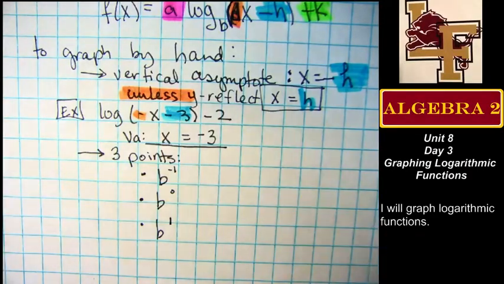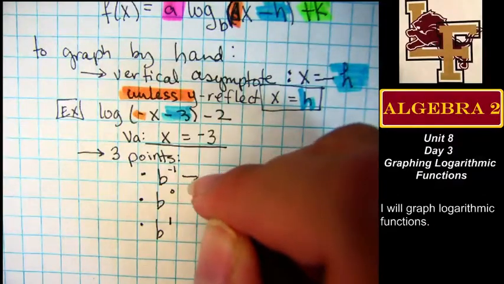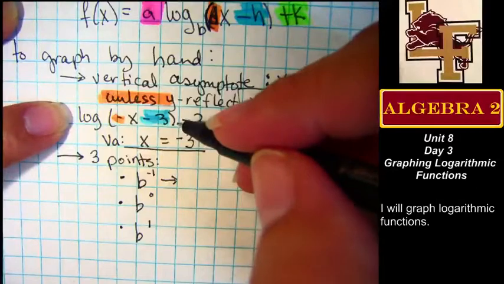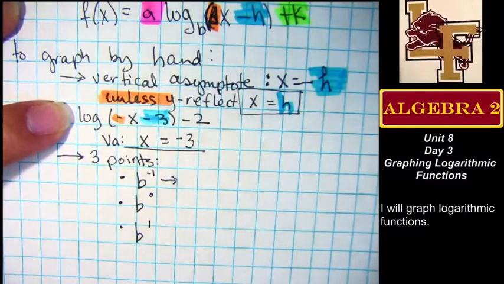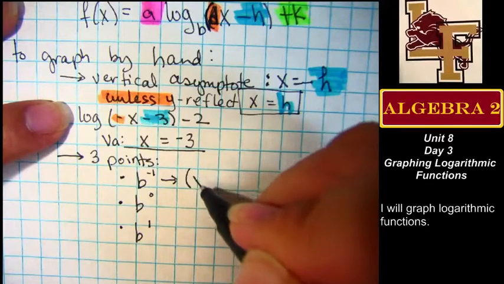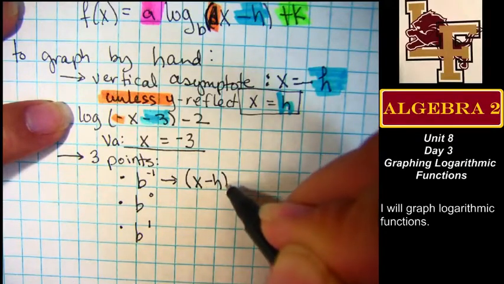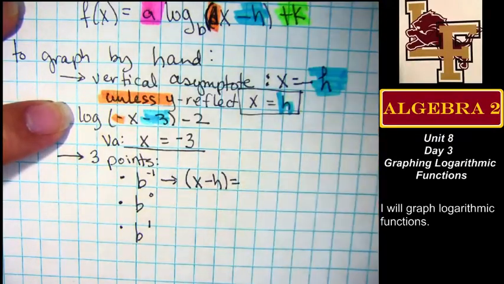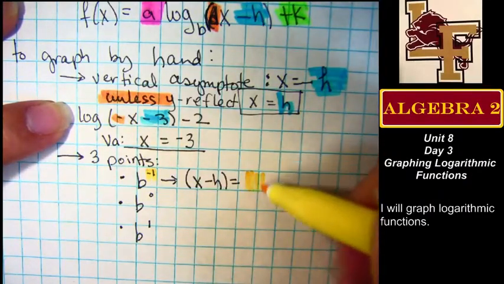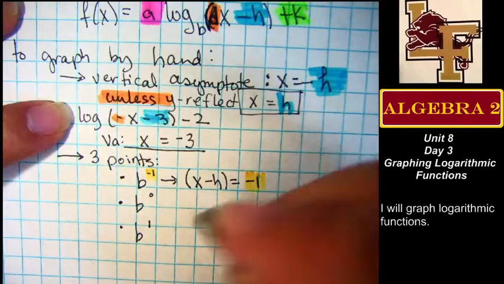Okay, I'm going to try to clear this up. So we have log base something of some values. We're going to grab those values here, and we're going to set them equal to the exponent that we're after. In this case, a negative 1.